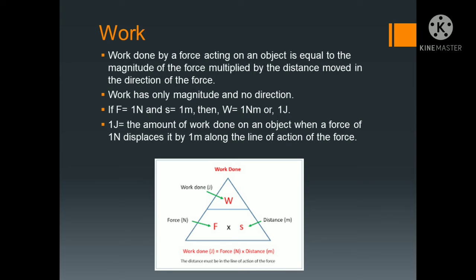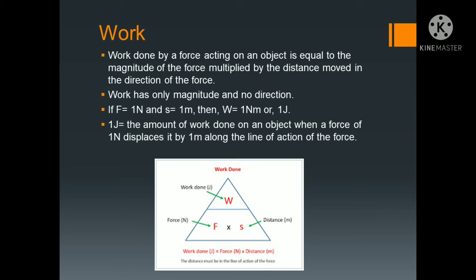What do you mean by work done? Work done by a force acting on an object is equal to the magnitude of the force multiplied by the distance moved in the direction of the force.